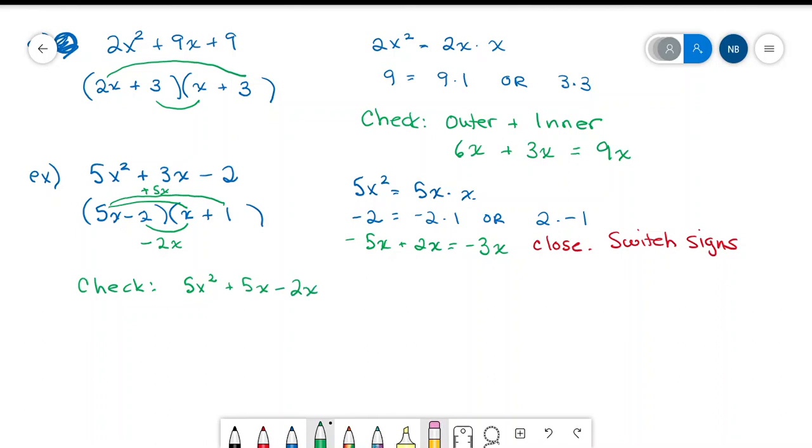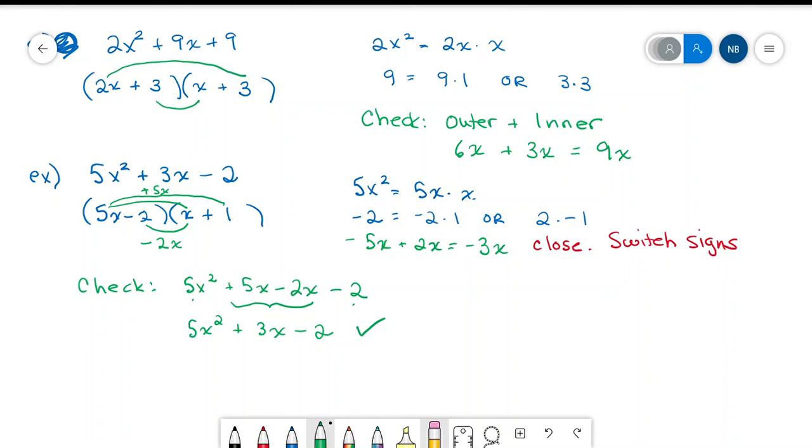And negative 2 times 1 is negative 2. Notice I have first, and I have last. That's guaranteed with this method. The only thing we really have to wonder about is outer plus inner, but 5x minus 2x is positive 3x. And we can see that we got exactly where we started, which means we factored it correctly.